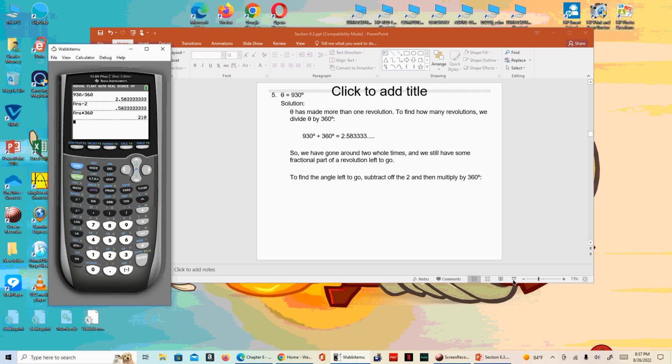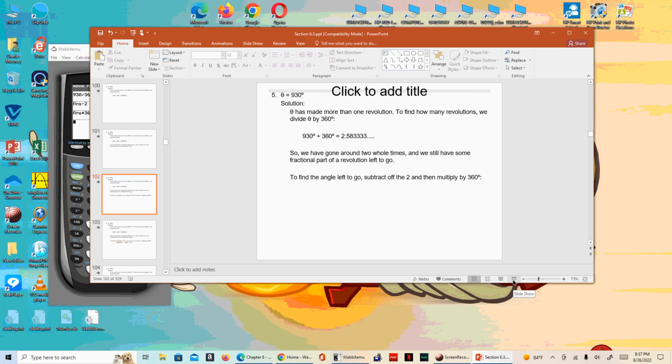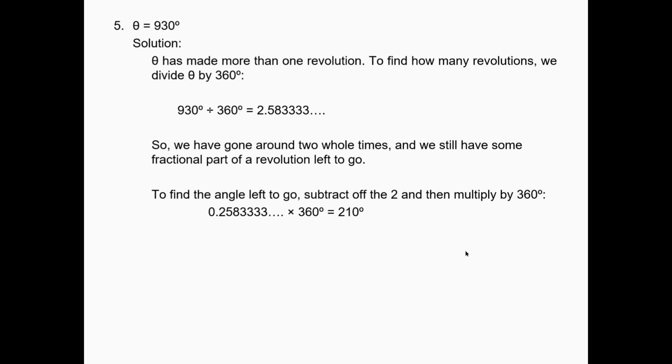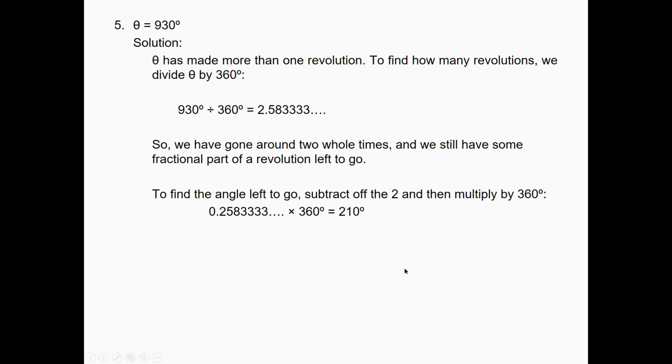So I made 2 complete revolutions with another 210 degrees left to go. So now 210 degrees is bigger than 180. So 180 plus another 30, right? So I'm in quadrant 3.